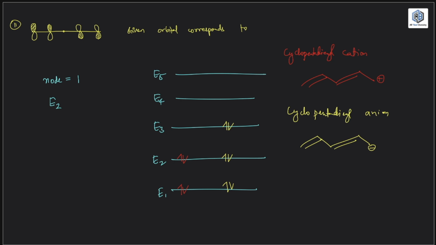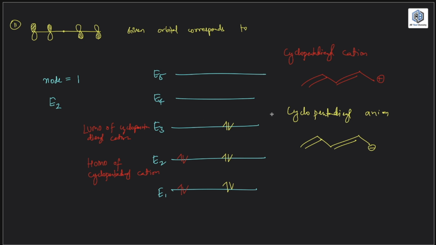So this E2 is HOMO of cyclopentadienyl cation. E3 is LUMO of cyclopentadienyl cation. Okay, I hope you understood.